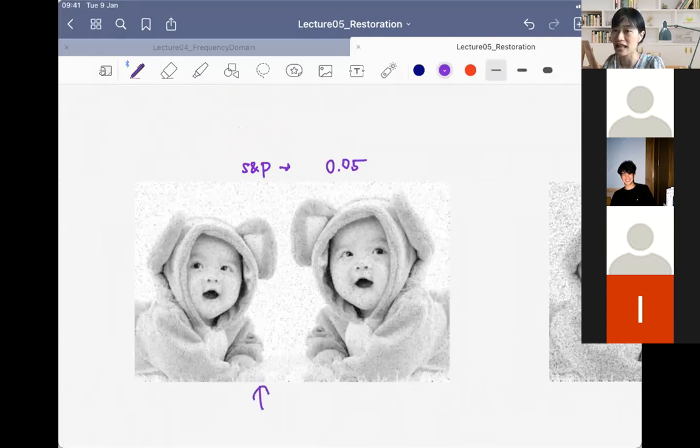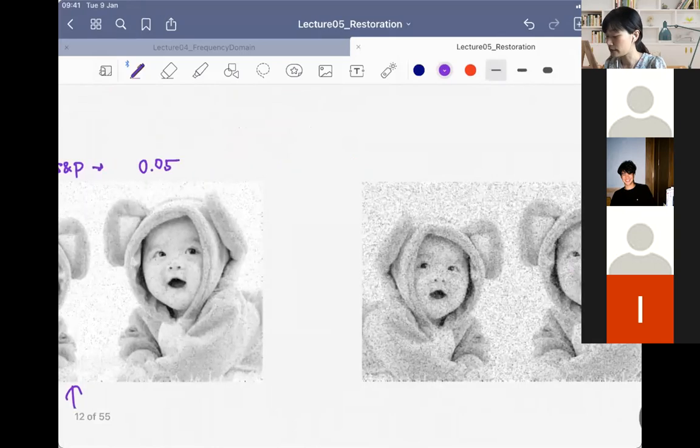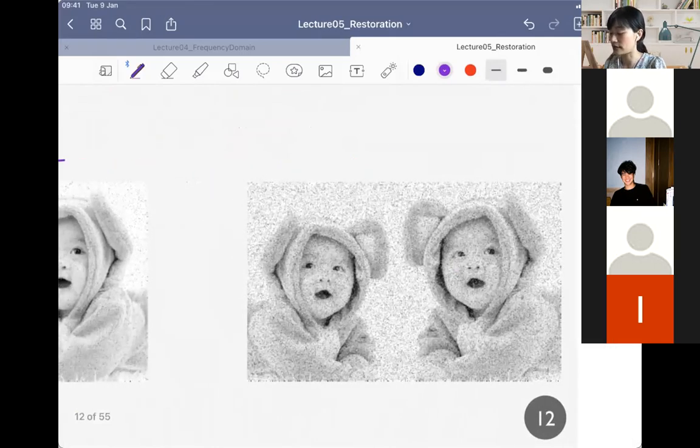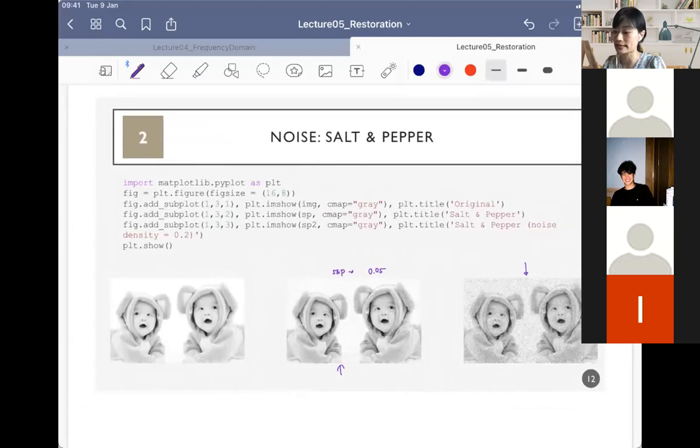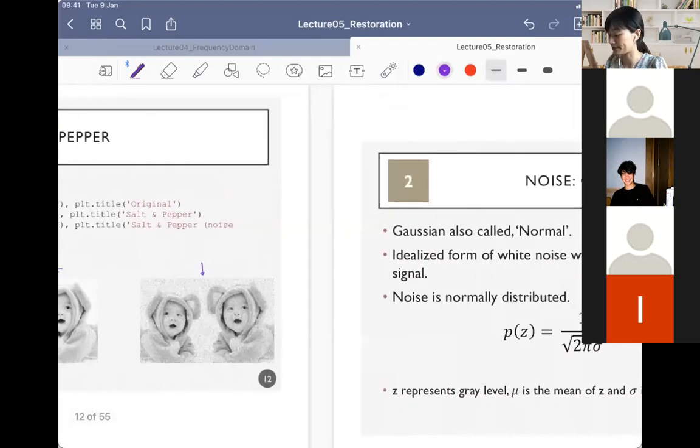It's a very large type of noise, right? There's a mix between black and white color in the image. When you increase the density, the image is affected a lot more by salt and pepper noise. So that's the first type of noise I have shown you today.